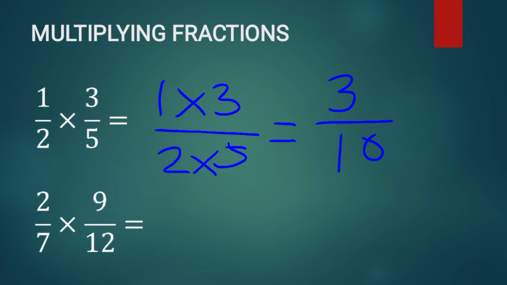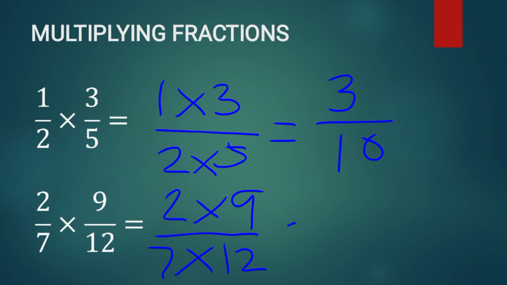Next, 2 over 7 times 9 over 12. Again, multiply the numerators or the top numbers. 2 times 9 over 7 times 12 equals 2 times 9 is 18 over 7 times 12 is 84.